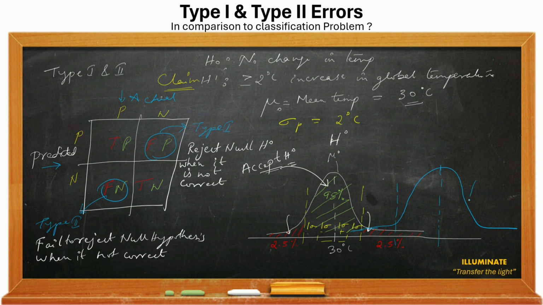Okay, this is the area for this particular mu 1, or we can say this is the alternate hypothesis. So this area, now let's depict below, and then just write it here.